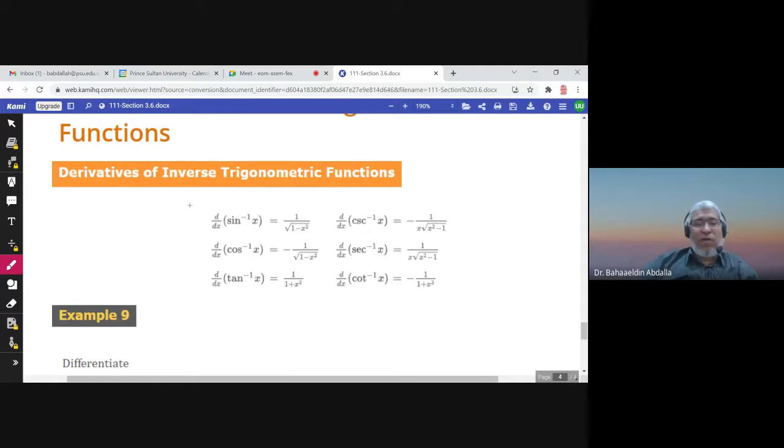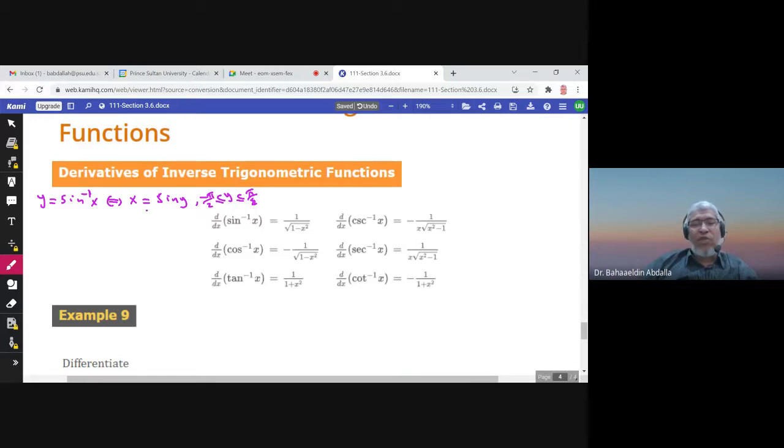Well, we write y equals sine inverse x, and by the definition of sine inverse, if y equals sine inverse x, then x equals sine y, where y is in the domain of sine, between negative pi over 2 and pi over 2. In this domain, sine is one-to-one, and we can define its inverse.